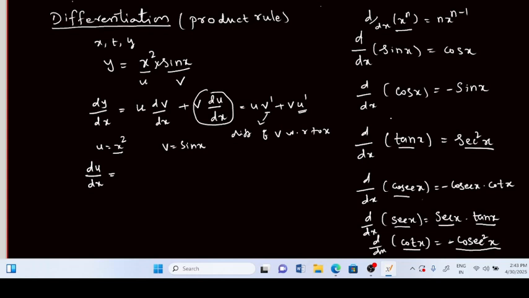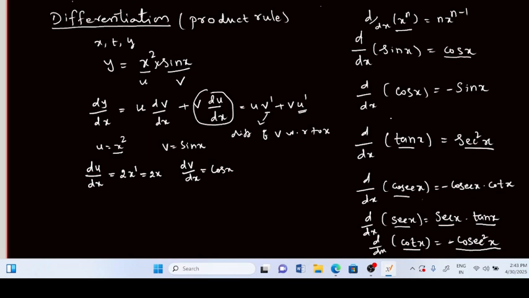If we substitute, we get 2 times x power 2 minus 1, which is x power 1, so it is 2x. Remember that x power is 1. Similarly, we differentiate v with respect to x. Sin x, the standard formula is that differentiation of sin x is cos x.